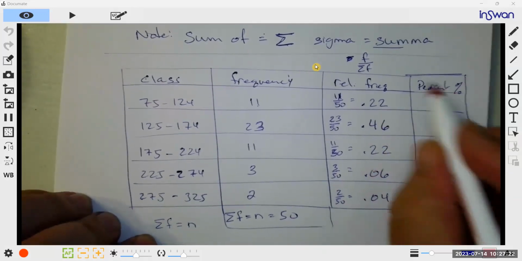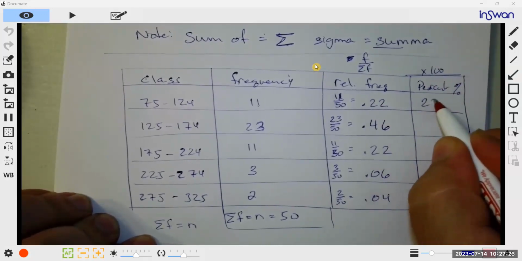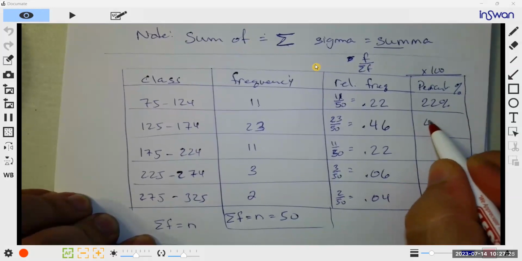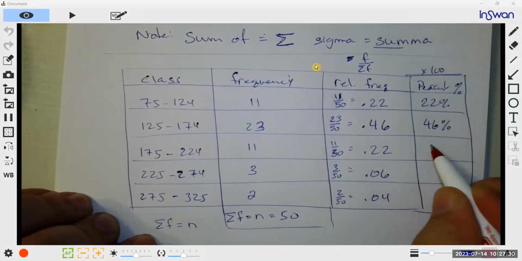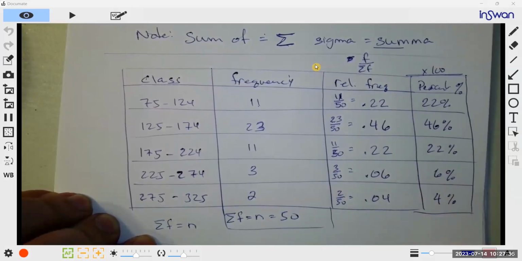So all we do is multiply those by 100. We get 22%, 46%, 22%, 6%, 4%.